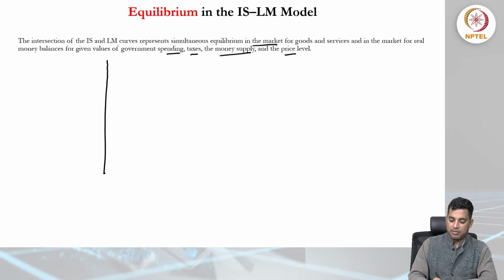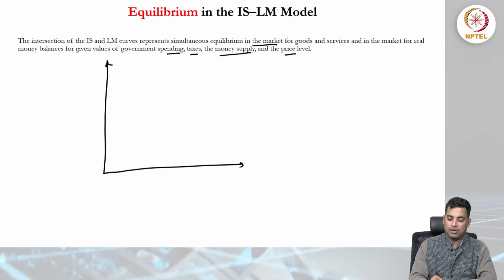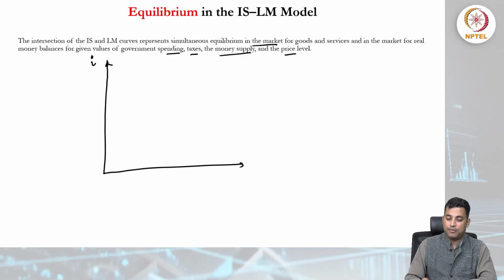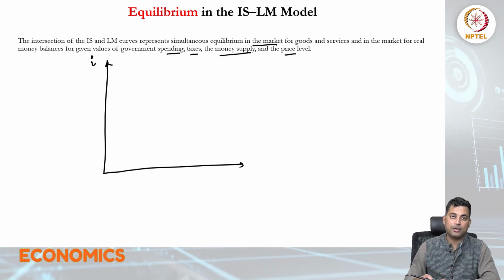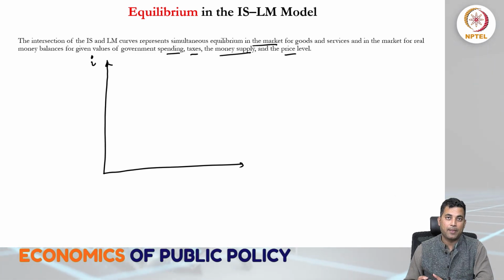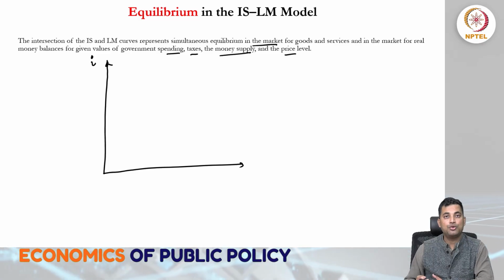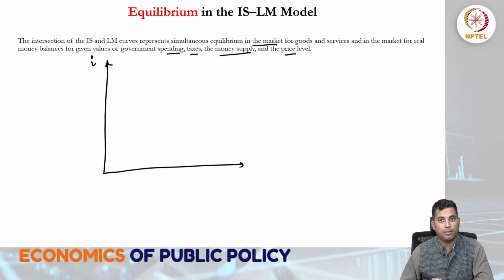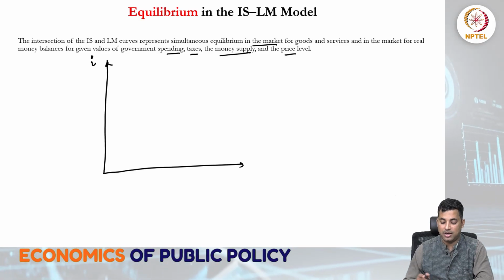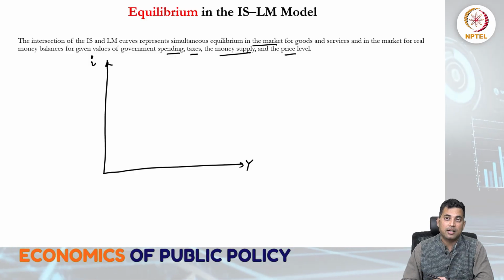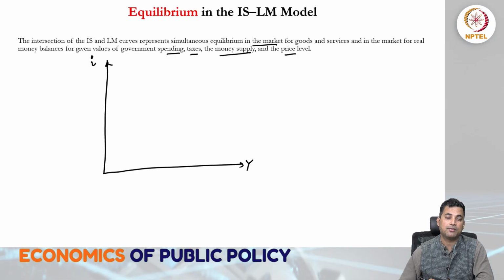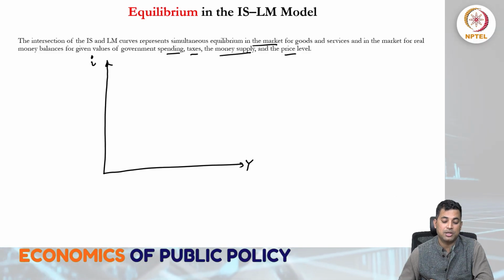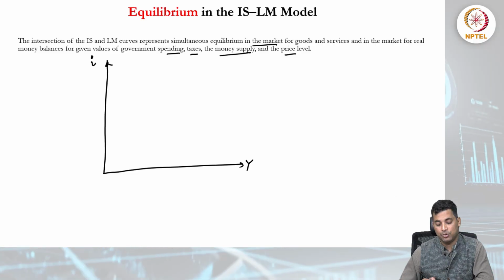Now, from the IS curve we get the equilibrium between two broad macroeconomic indicators: one is the rate of interest and the other is income. The LM curve also shows the functional relationship between the rate of interest and the output.